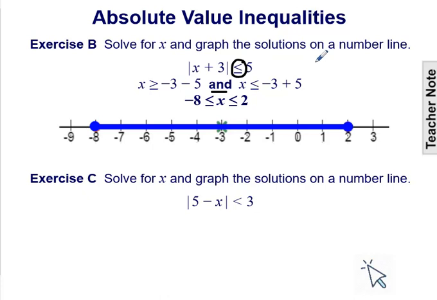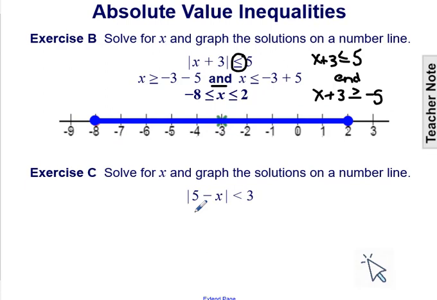Or we can break it up as x plus 3 is less than or equal to 5 and x plus 3 is greater than or equal to negative 5. Either way, whether you're solving for x or simplifying your values, you end up with negative 8 is less than or equal to x is less than or equal to 2, which is a center at negative 3 and a distance of 5 to the left or right. Or you can think of it like a compound inequality where you have your endpoints negative 8 and 2 and everything in between.